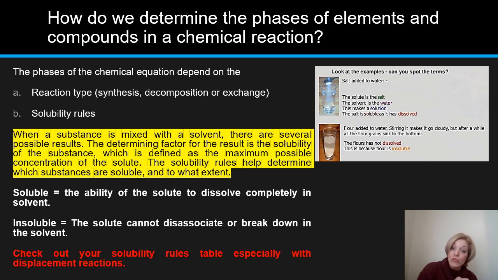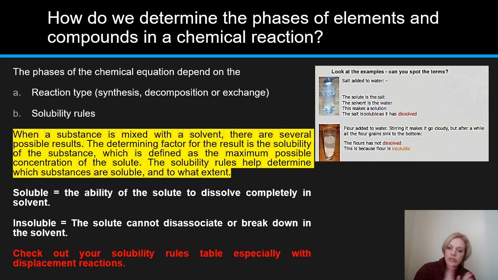The solubility rules look at ionic compounds, different types of salts, and different types of polyatomic ions, which you're going to learn later on, and explain how when these salts, ions and metals are combined, is it going to produce a substance that is soluble or insoluble within a solvent? That is what solubility rules are.